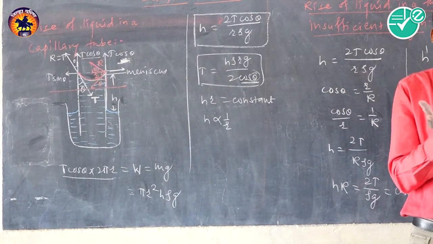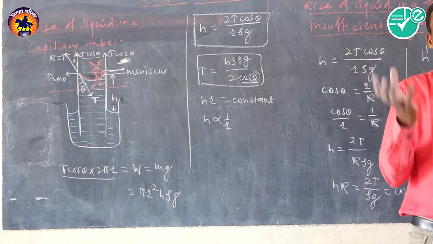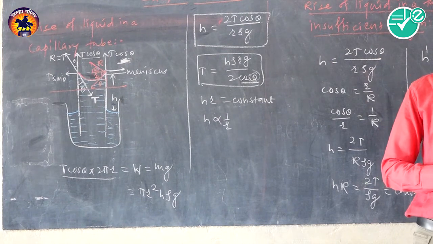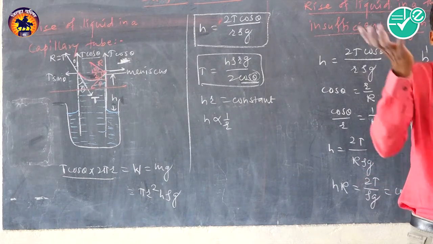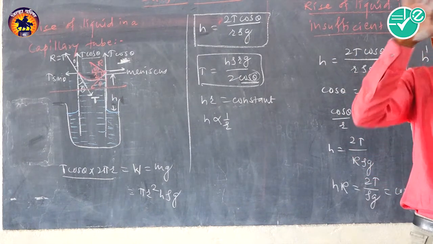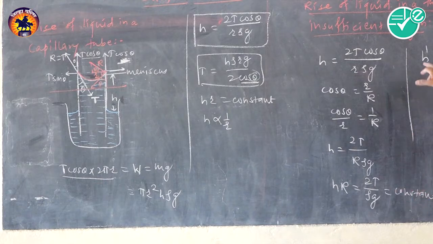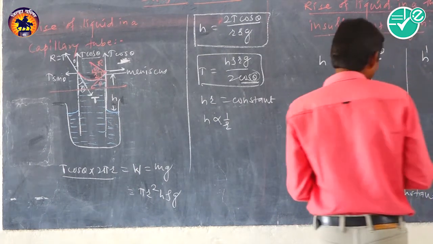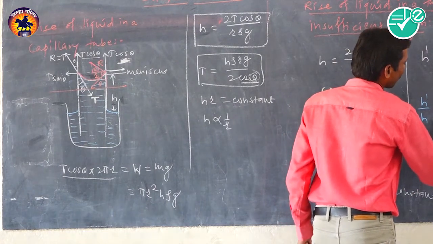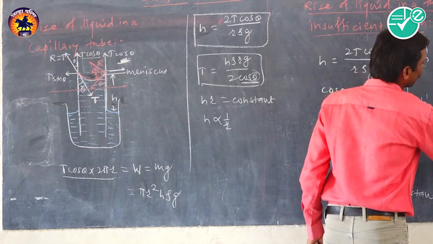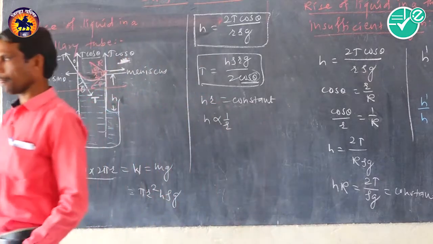It means the size of the meniscus increases, so the meniscus gets bulging and the liquid does not overflow. So we get the expression H dash R equal to HR, equal to twice T divided by ρ g, which is constant. It means H dash divided by H is equal to r divided by capital R, and that is equal to cos θ.